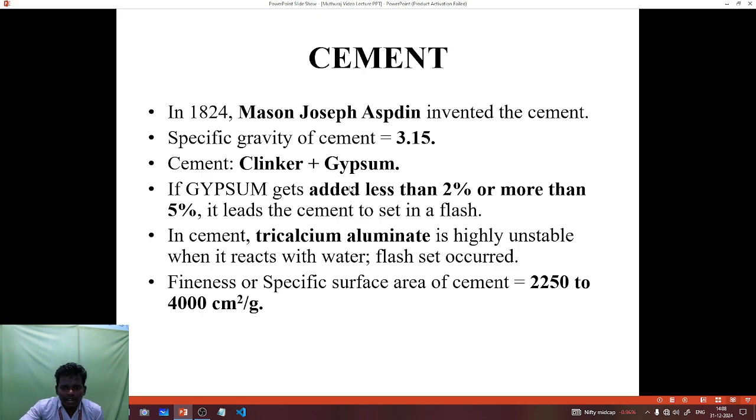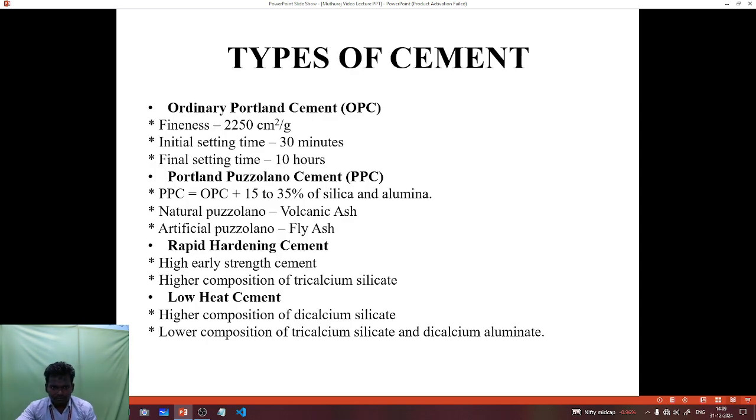If gypsum is added at less than 2% or more than 5%, it leads the cement to set in a flash. In cement, tricalcium aluminate is highly unstable. When it reacts with water, flash set occurs. Fineness, or specific surface area of cement, which is the surface area of the small particles of cement, is 2250 to 4000 square centimeters per gram.